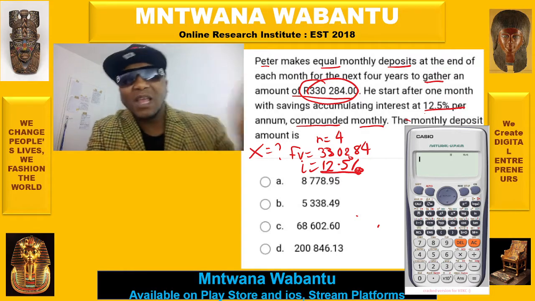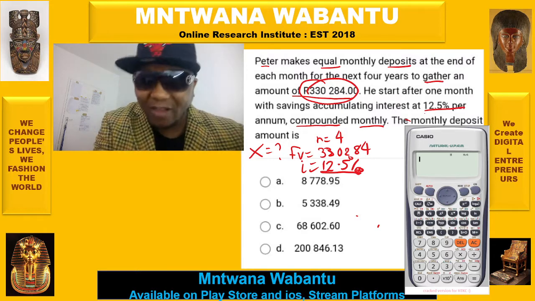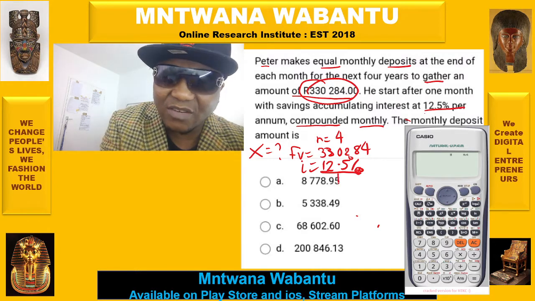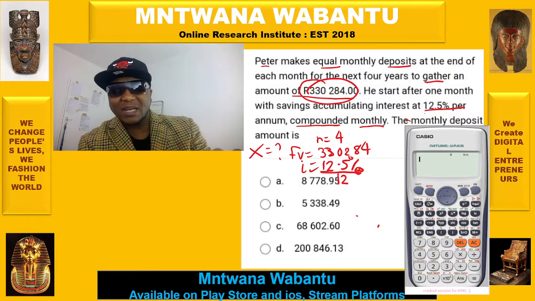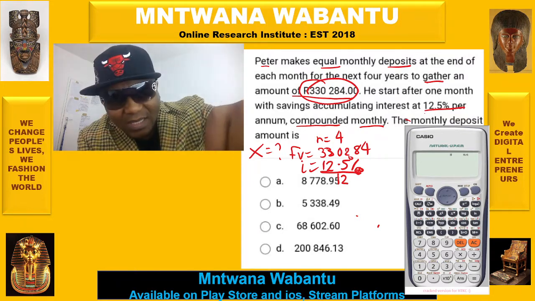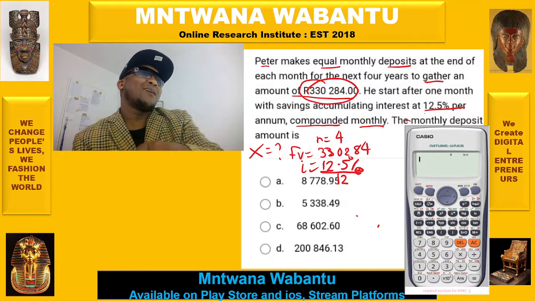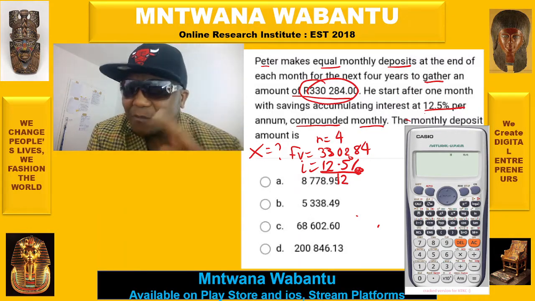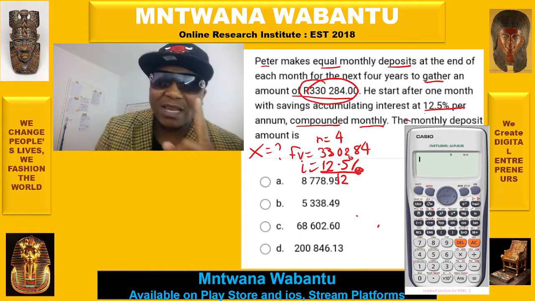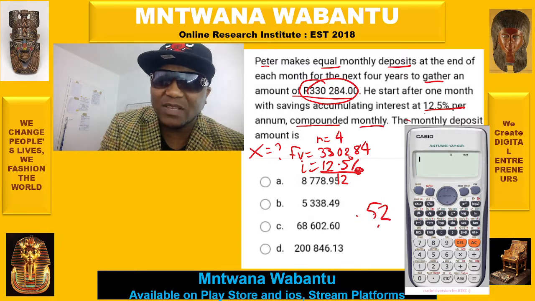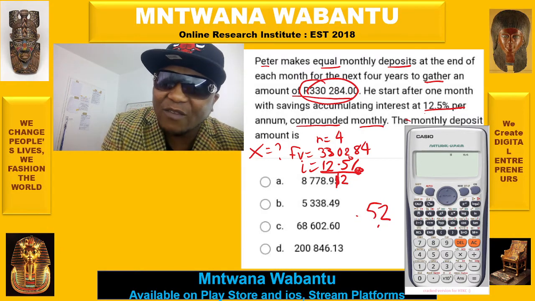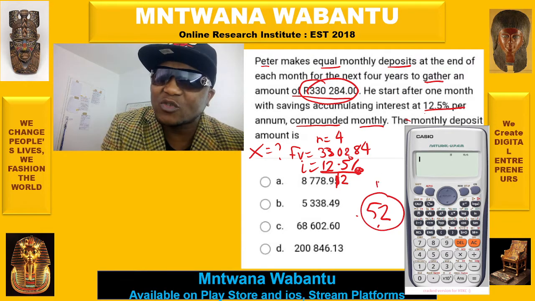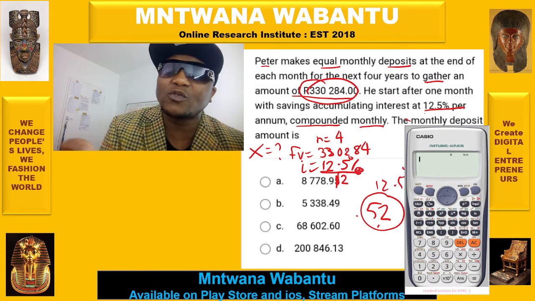Ask yourself, how many months in 1 year? 12 months. So I'm going to divide the interest rate by 12. Let's assume it was compounded weekly. Then you're not going to say over 12. You have to think, how many weeks in 1 year? We have 52 weeks in 1 year. So I would divide by 52, meaning 12.5% over 52.